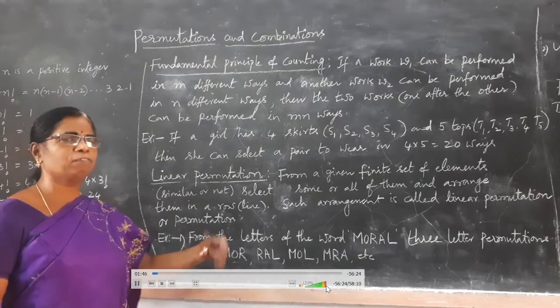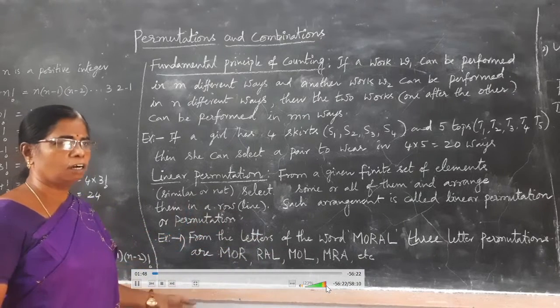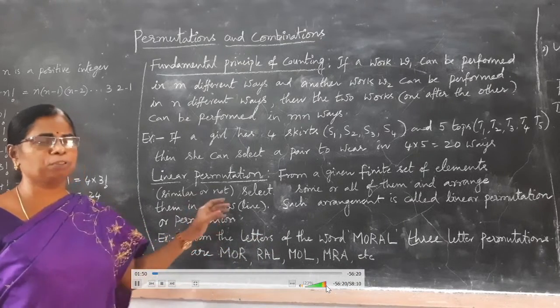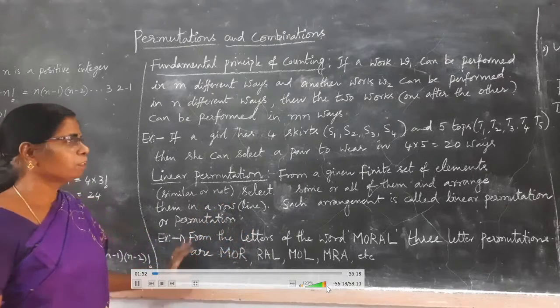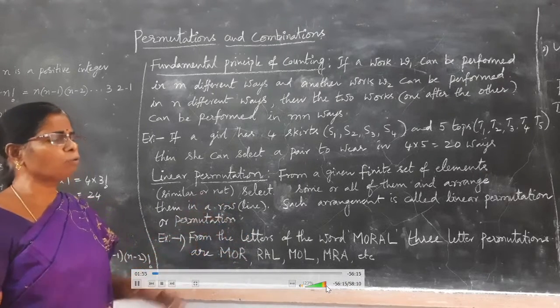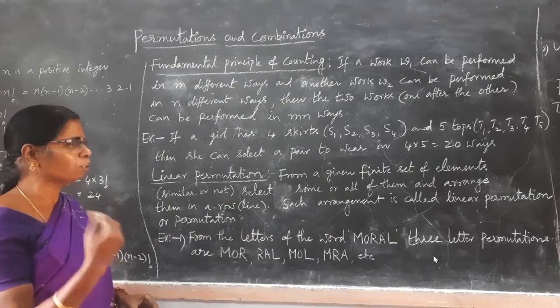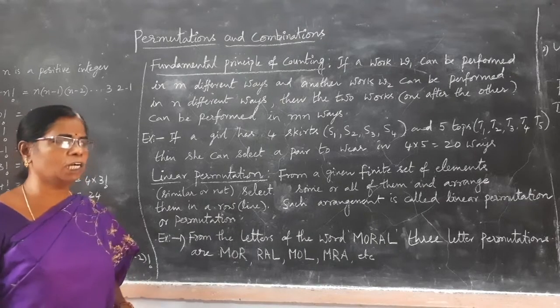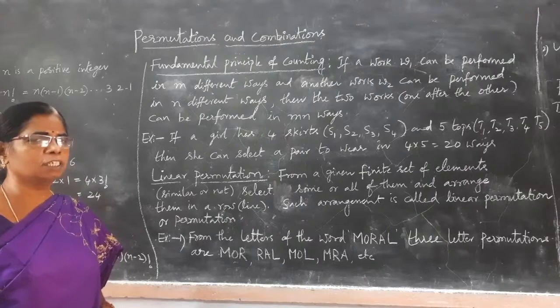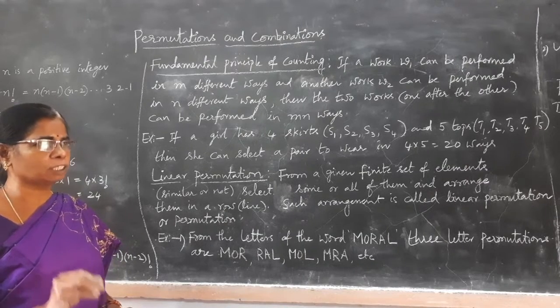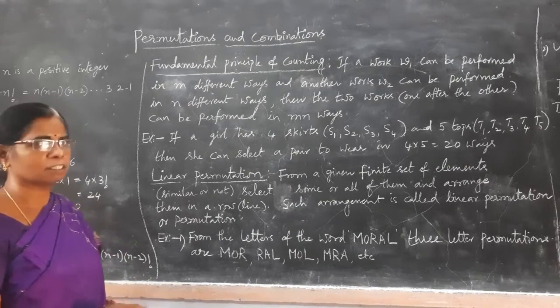How many ways can we select from the menu card? That is, we count the number of ways of performing a work without explicitly doing that work. That is the major technique here.